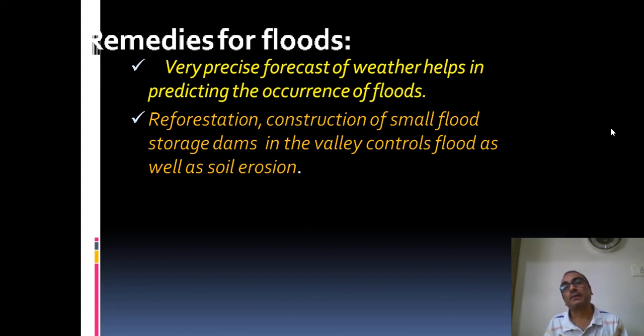Wherever natural valleys are there, the water can be collected. Whenever excess water is released from the dam, it can be directed into that valley, or whenever there is a flood, that can be channelized towards that valley where it gets collected, thereby minimizing soil erosion, and that water can be further used also.